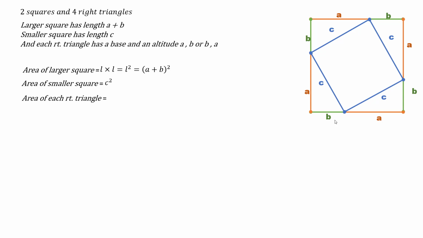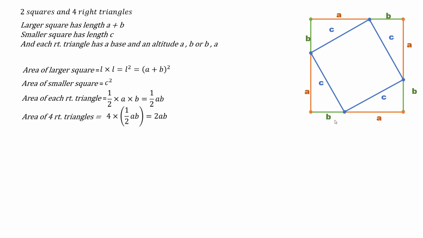Area of each right triangle will be half times A times B, or half times AB. Hence the area of four right triangles: we will just multiply the area of each right triangle by 4. So we will have 4 times half of AB, which leads towards 2AB.